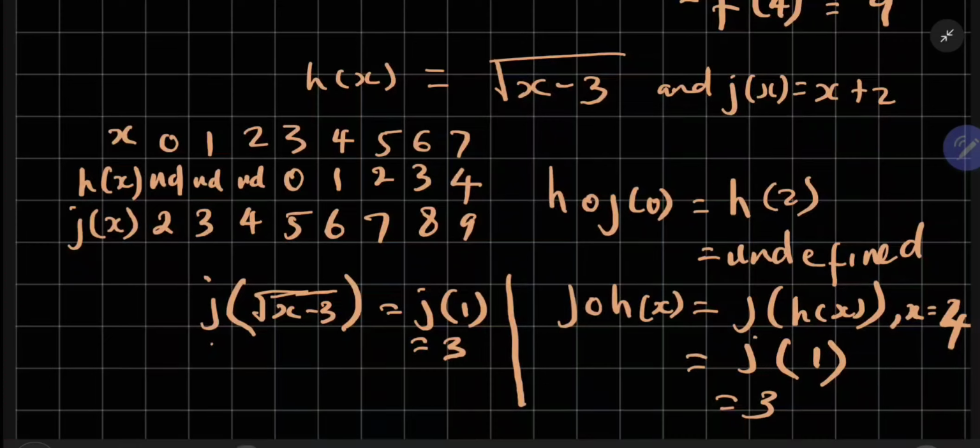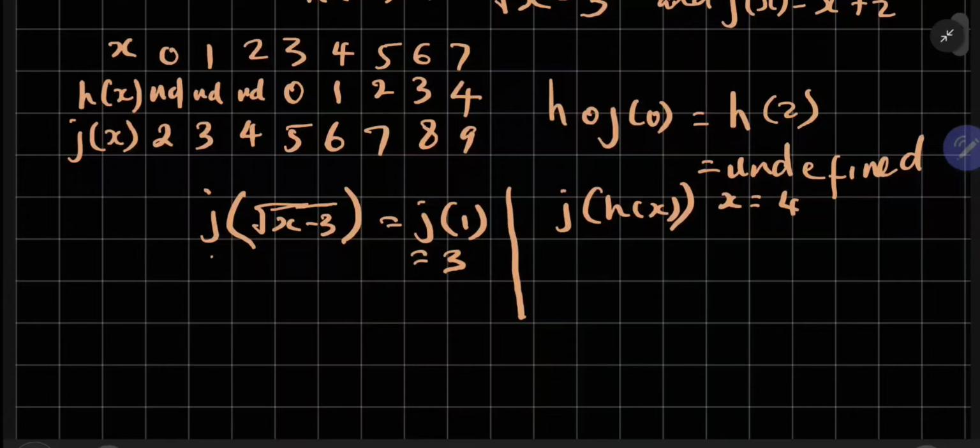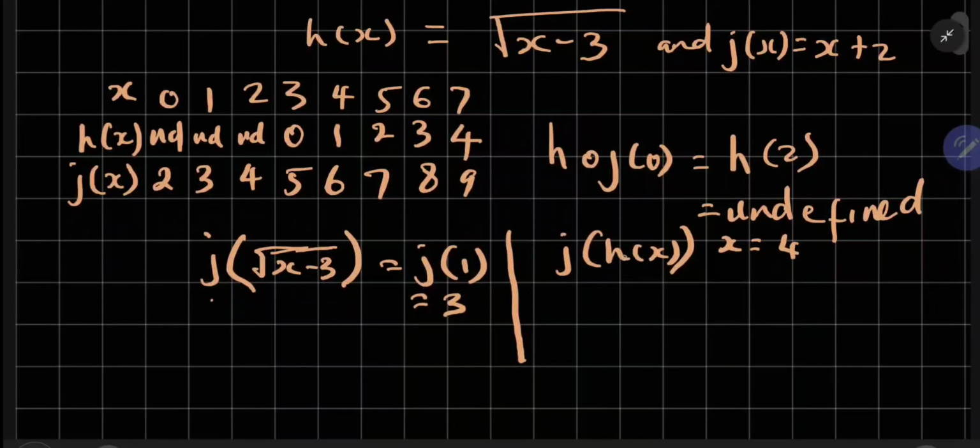An alternate way of doing it again is just like this. j is x plus 2, and h is, remember we're looking for this, where h is 4. So you have h as an input of j.